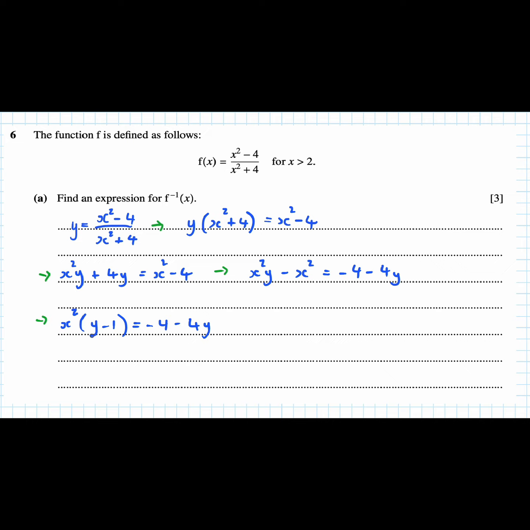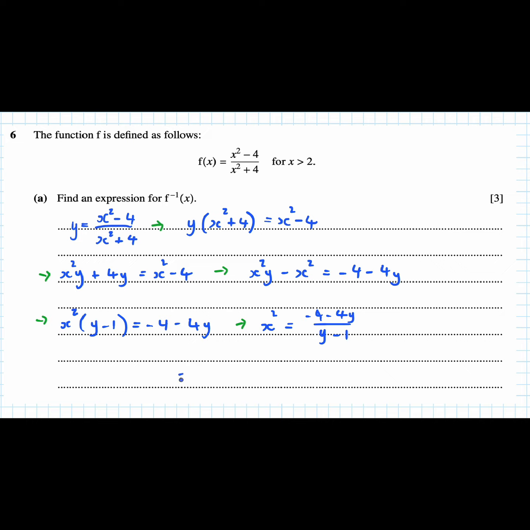And then we can divide both sides by y minus 1. We have a lot of minuses, so we can just turn that around, because we have an x squared, so it's going to be a square root, which can be positive or negative.